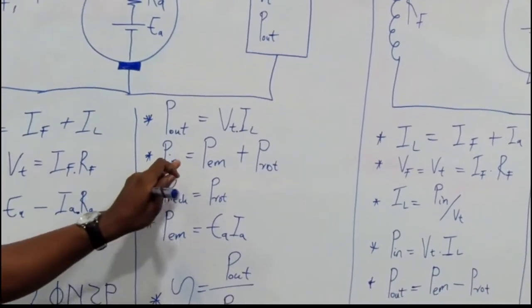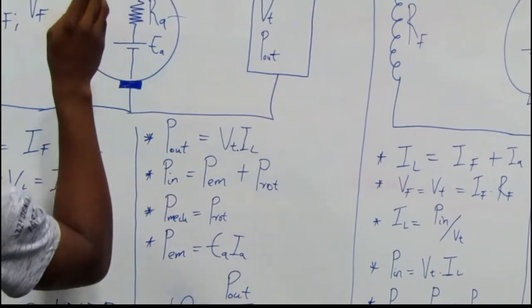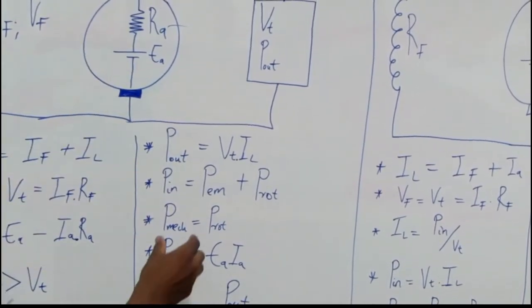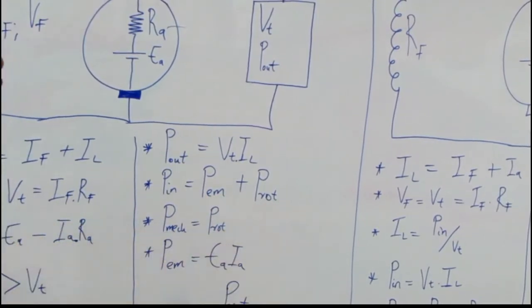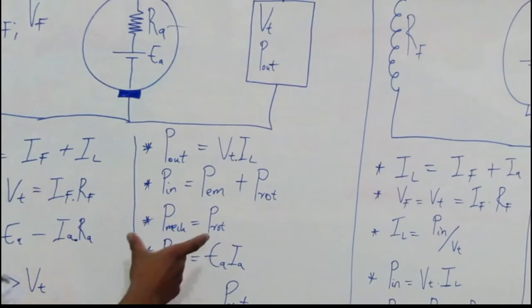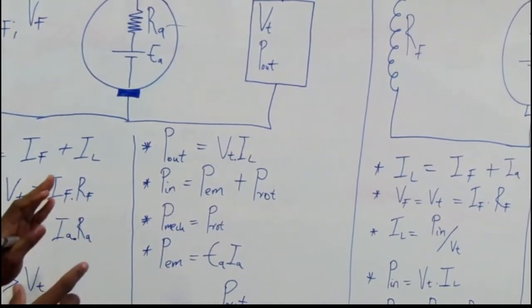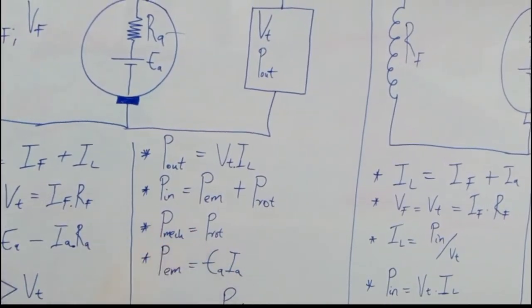And P in is the power input. Power input is generated here on the armature. Power input is equal to electromagnetic power plus rotational power. And you must know that usually you are given the rotational power, and the rotational power is equal to the mechanical power.